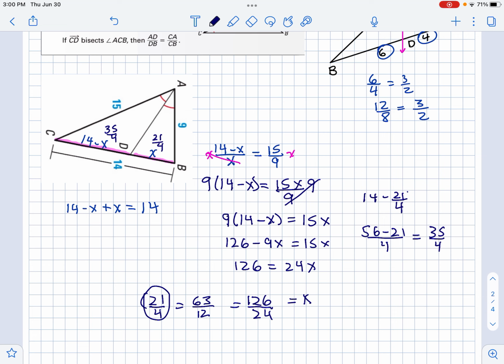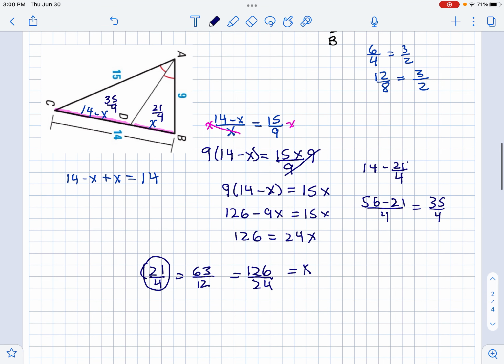Now that needs to add up to 14. Right now we're just checking our arithmetic, making sure we did everything right. We've got 35 plus 21 over 4, so that's 56 over 4. And 56 divided by 4 is 14. Hot dog, we got it.